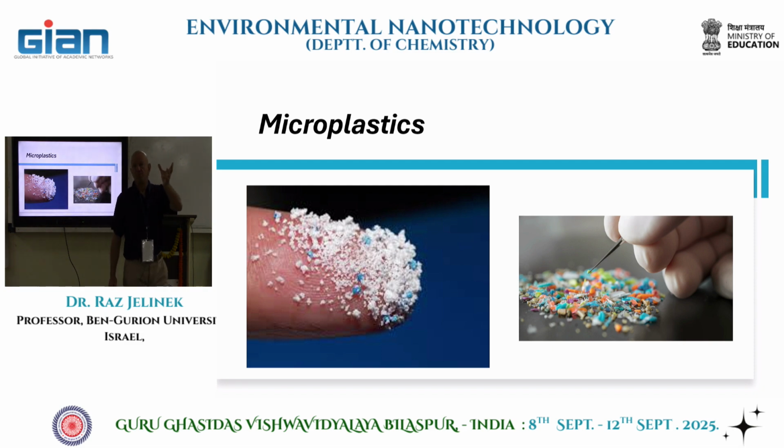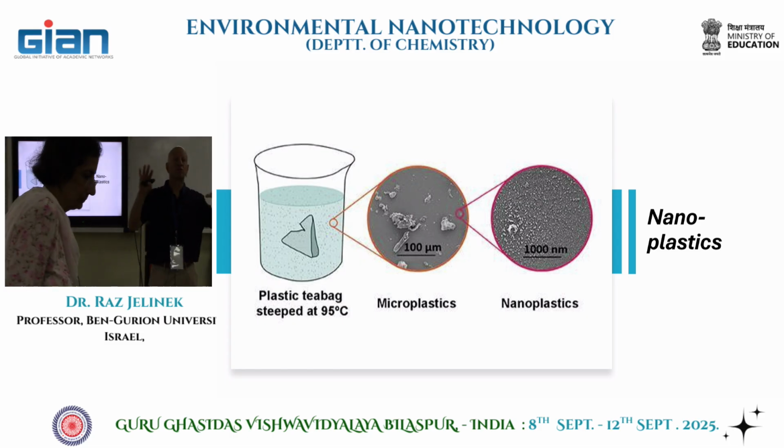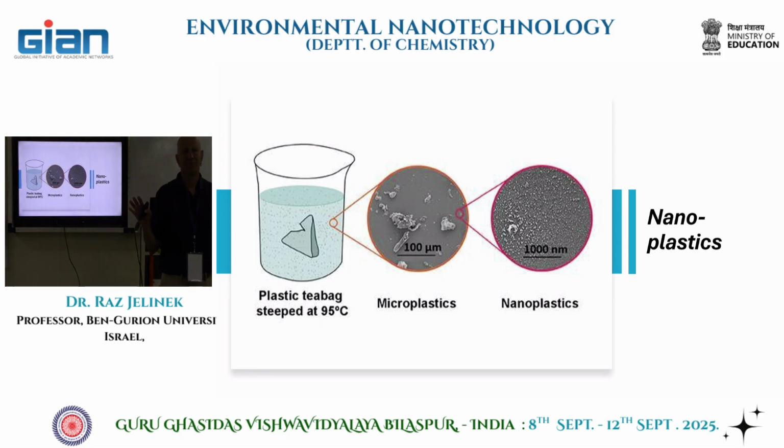Another type of material that can be very bad for our health is microplastics and nanoplastics. You know, we are all surrounded by plastic. It's everywhere.